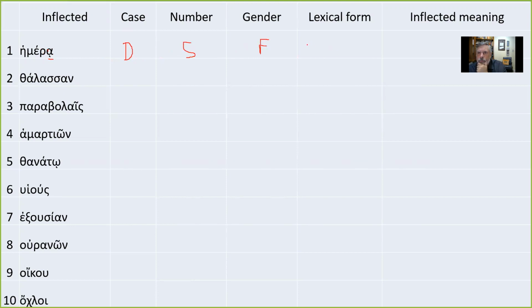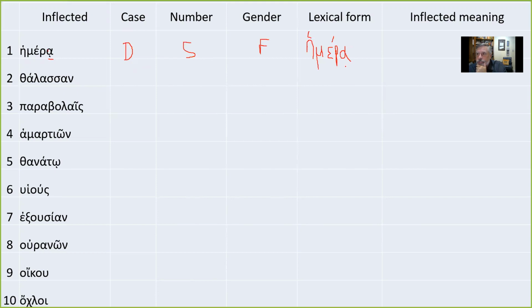Its lexical form, I'm not going to spell out because it's too difficult. It would be a, my rough breathing there. I guess I am going to spell it out, hemera, and my accent mark.